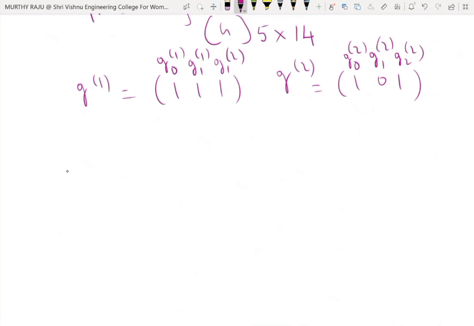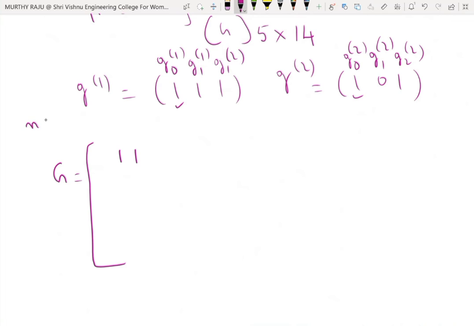Therefore, for the generator matrix G, first G0 of 1, G0 of 2. That means first row starts with 1, 1.